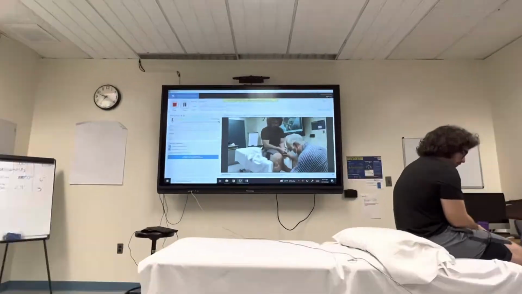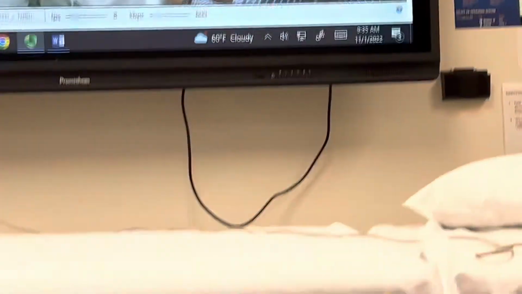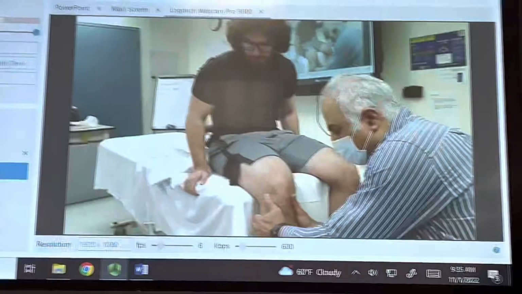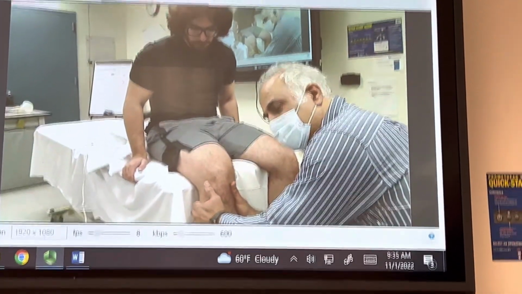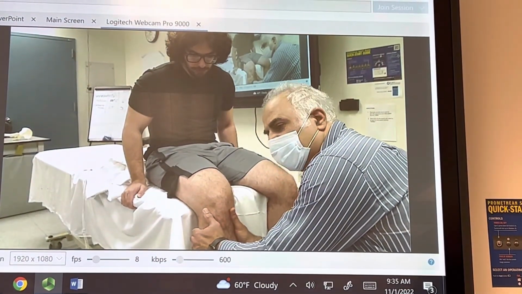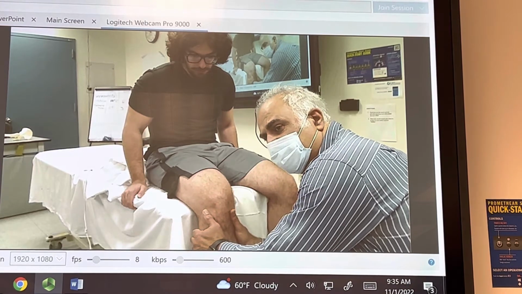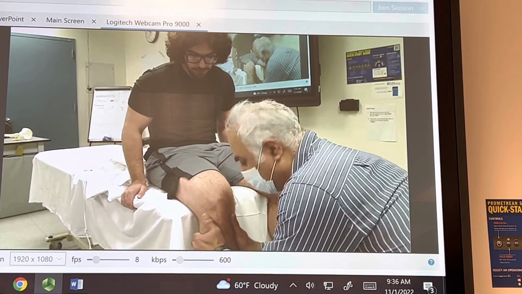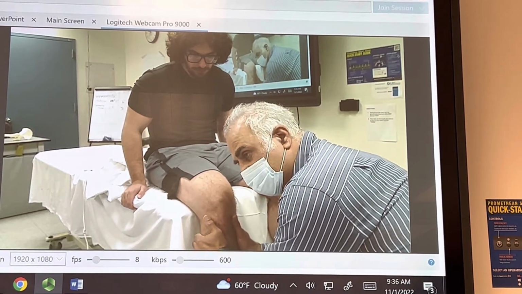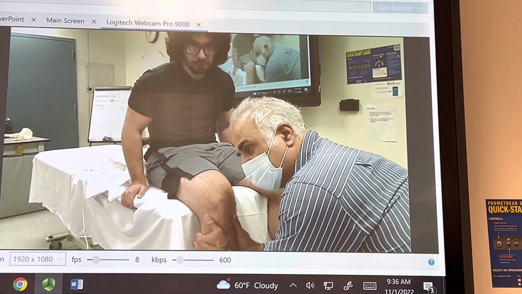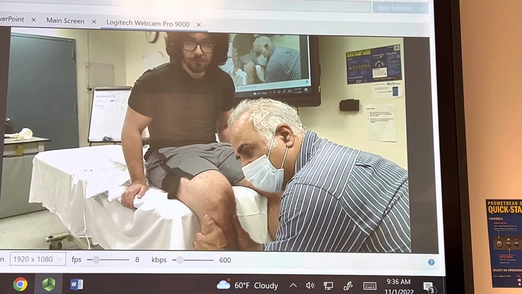Let's say the limit of the barrier of flexion on him would be 80 degrees. Then you apply distraction. This is a posterior dysfunction of the tibia on the femur.